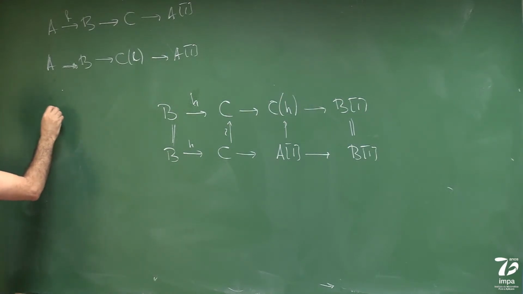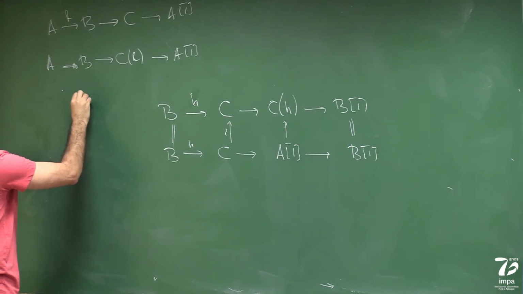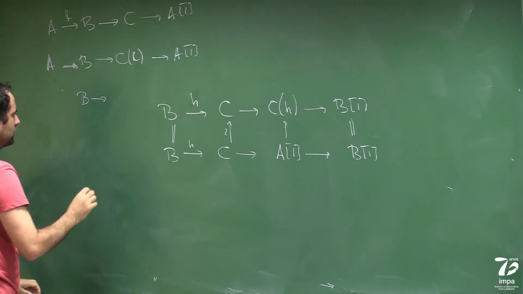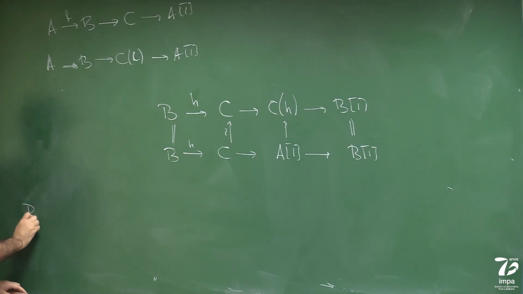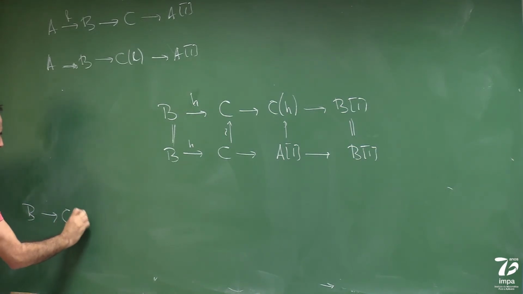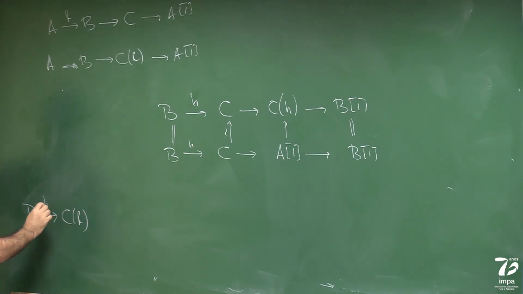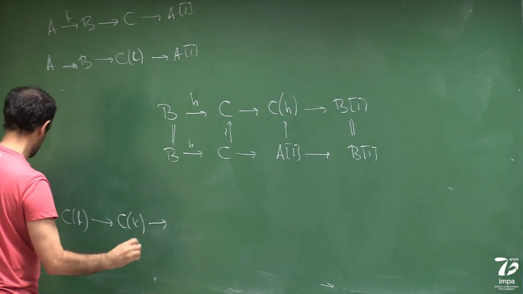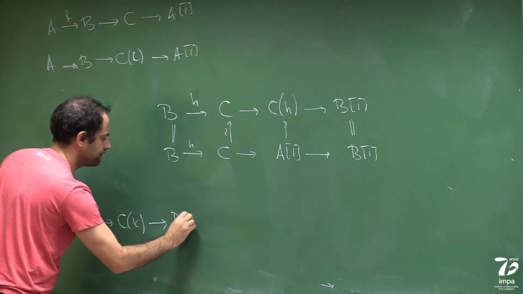But I also had this B to the cone of F. Let me call this A. That's a bad idea because H I'm using in a different way. So let's call this K, to the cone of K, shifted by 1.